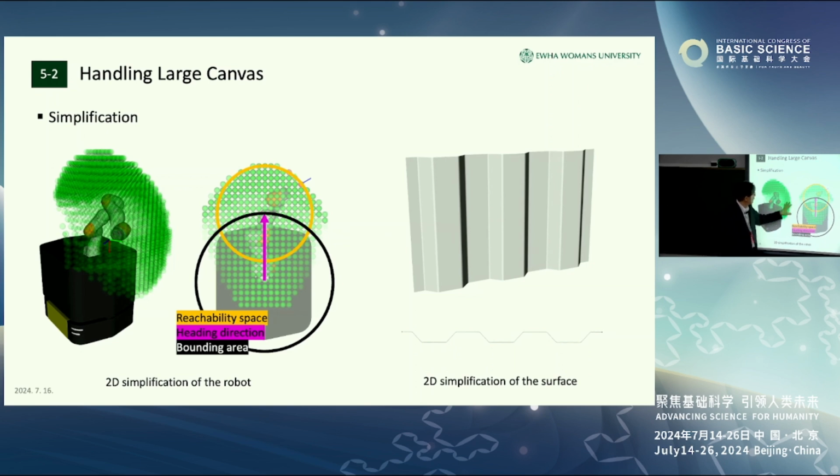For the coverage of this upper manipulator, we approximate that coverage using a simple circle. And for the robot base, we also have simple circle approximations. And for the target surface, we also reduce the dimension to 2D by projecting onto the ground plane.